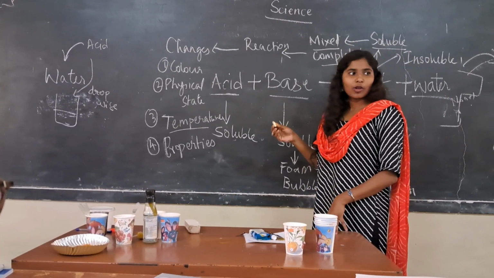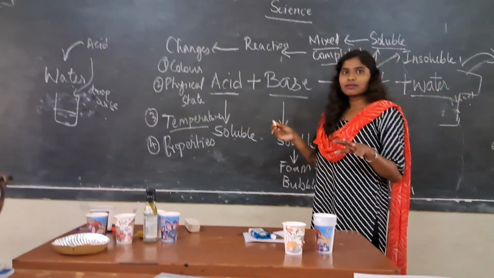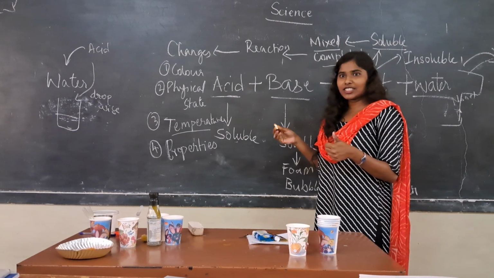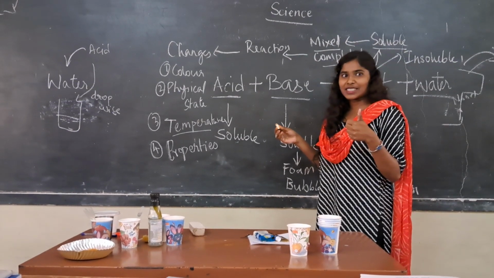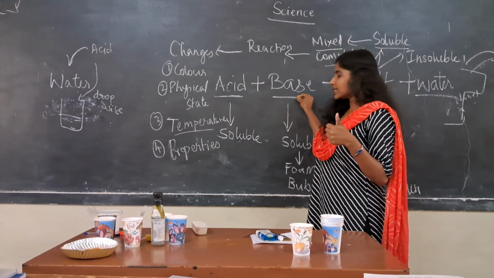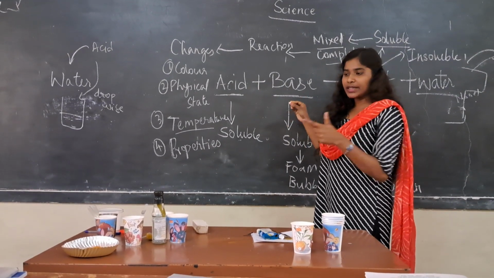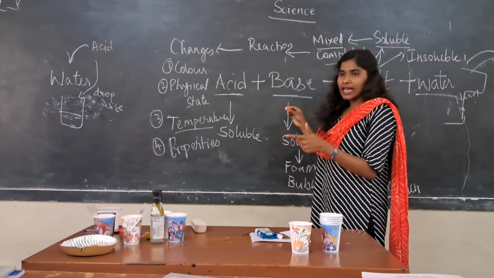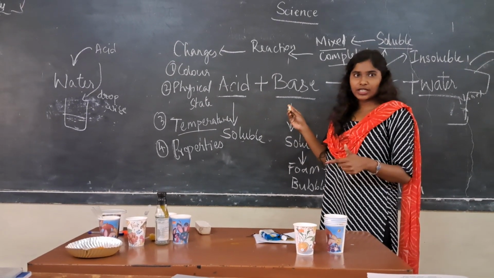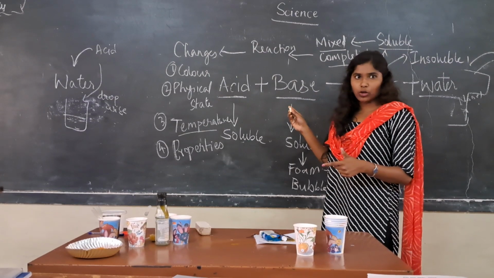Detergent, liquid, example. All of you tell me examples. I think I have to make one of you taste the detergent to tell me the nature of taste. It is bitter in taste, okay? So base is bitter in taste, and when it reacts with the natural indicator turmeric, it changes color into reddish brown.